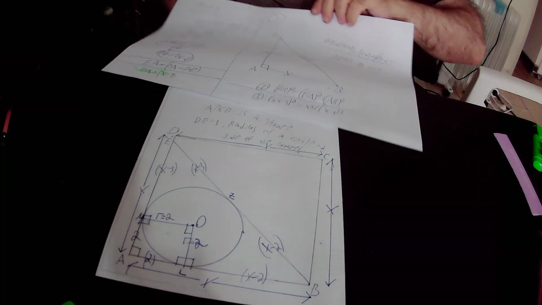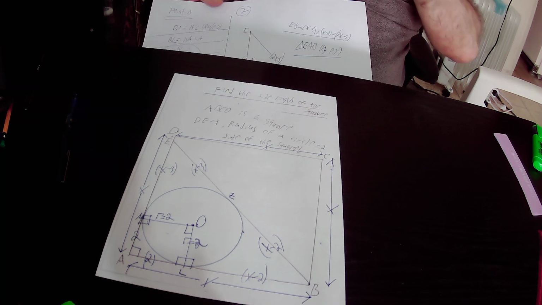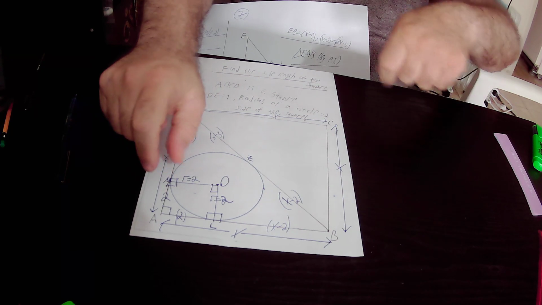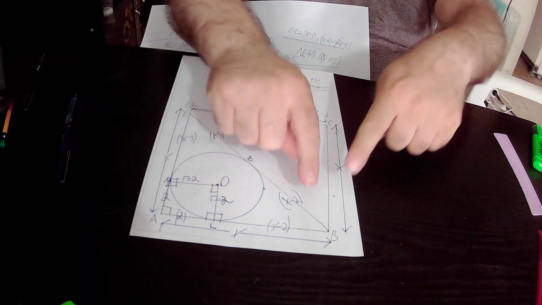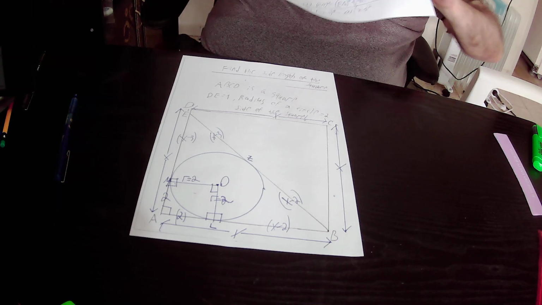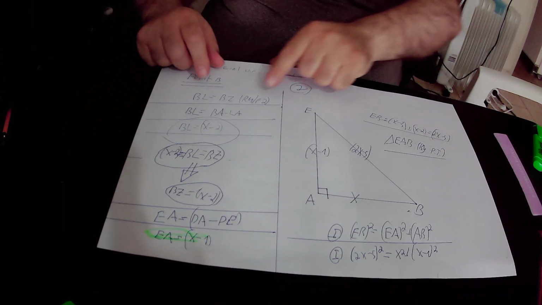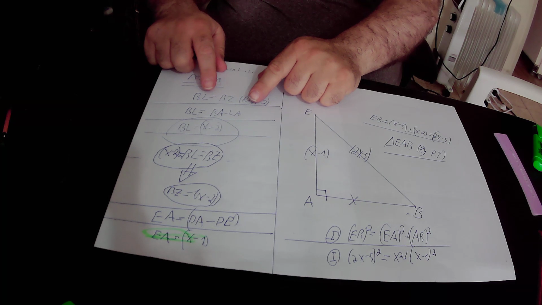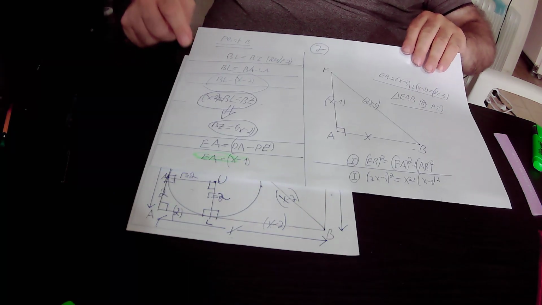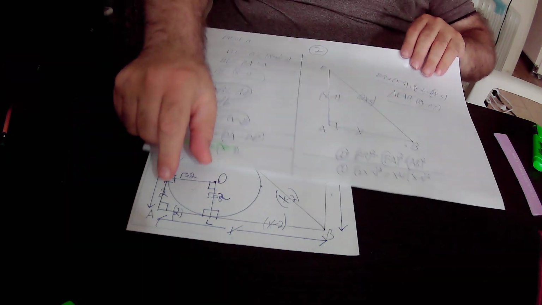What is the length of tangent BL? From the drawing, it is very easy to see that BL equals BA minus LA. So BL equals BA, that is X, minus LA, that is 2 units.